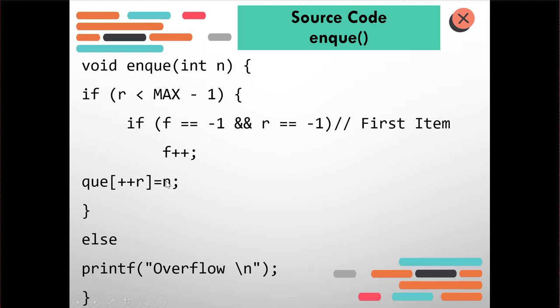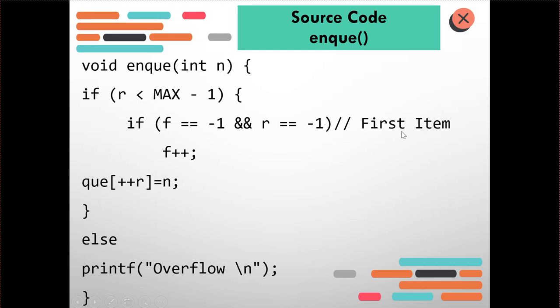Before going to the insertion part, as discussed already, since the first element represents a special case, I have written in the comments here that if f is equal to -1 and r is equal to -1, it is possible only when we start the program. That means there is no element in the queue.